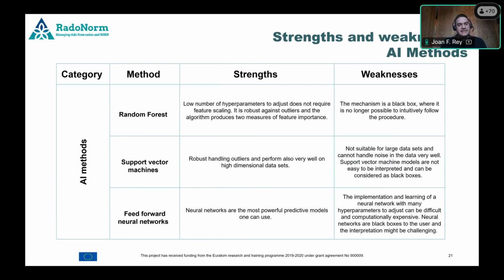Finally, the AI methods provide the most powerful predictive models one can use, but sometimes they remain a bit difficult to interpret since, for example, neural networks provide a black box, and interpreting them can be really challenging.